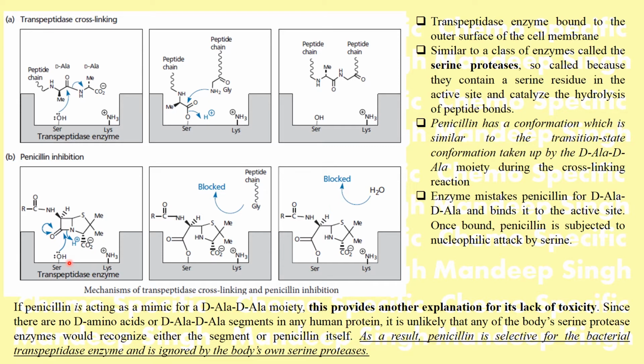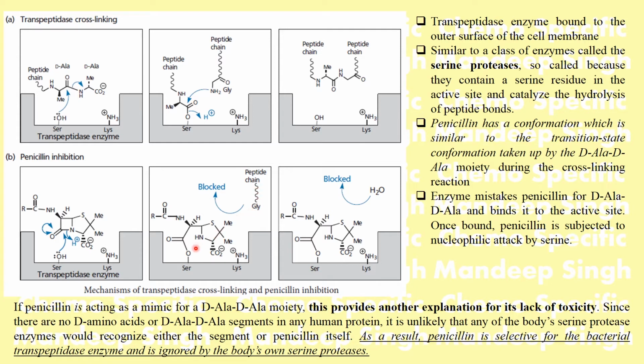It takes the penicillin inside its active site, and as soon as that happens, we know it is cyclic in nature. As a result of which, this entire big molecule stays bound inside the active site, because what you have is a carboxylate anion, and what you have is a lysine moiety as well. As a result of which, this entire active site is now occupied.